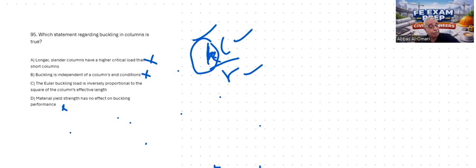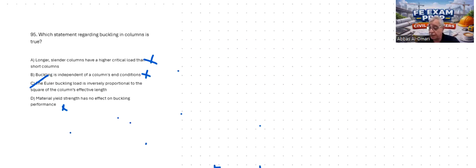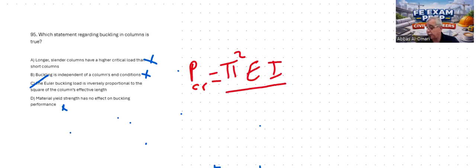There is a relationship, the Euler load, the load the column can withstand, which is P critical, equals pi squared EI over KL squared.